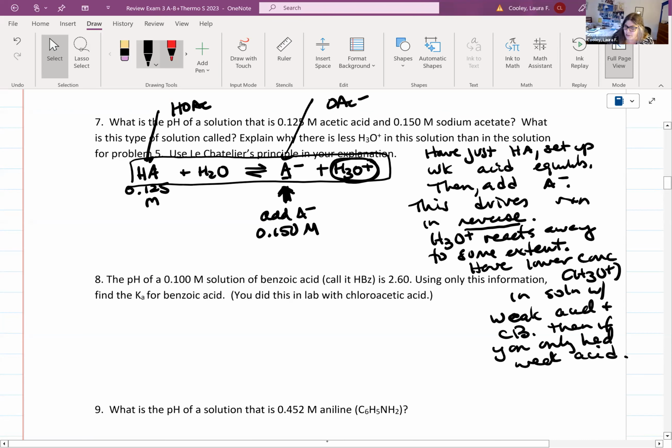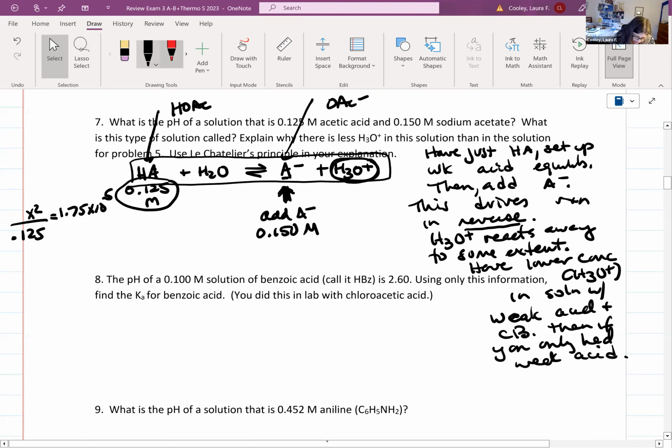Did you want me to calculate the pH here or just talk about Le Chatelier's principle? No, just the principle was the part I was confused about. If you just looked at what the pH would be for 0.125 molar HA, you end up with X squared over 0.125 minus X, which we would neglect, equals 1.75 times 10 to the negative fifth.